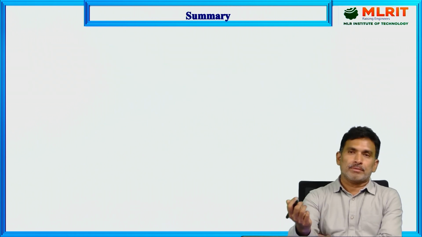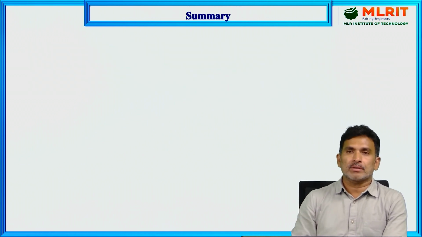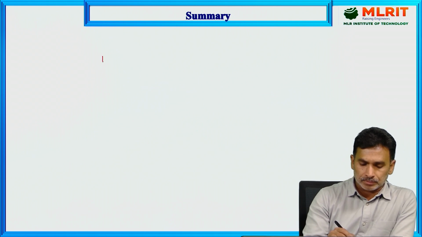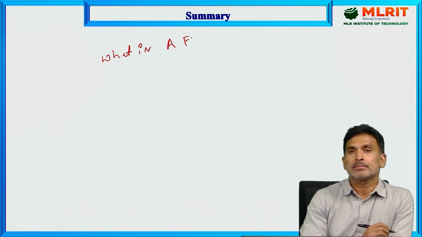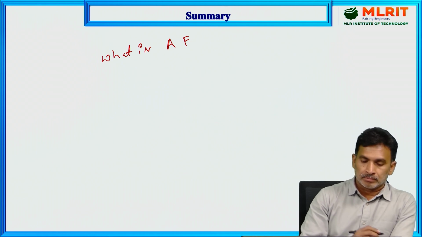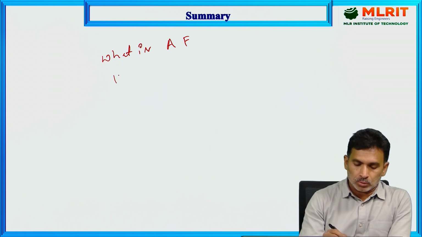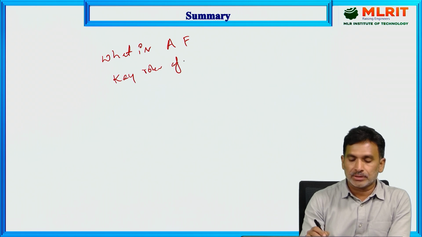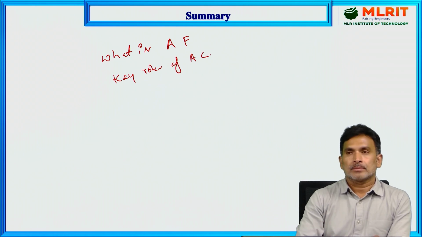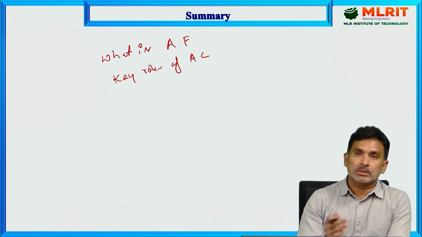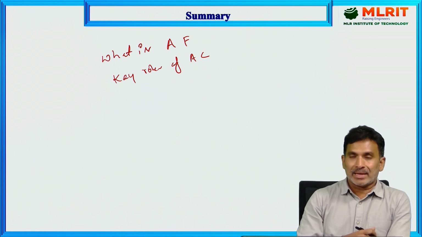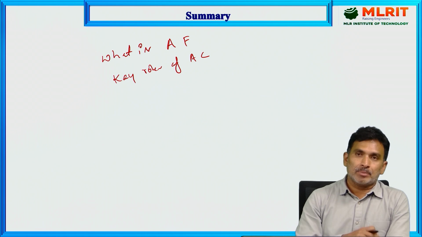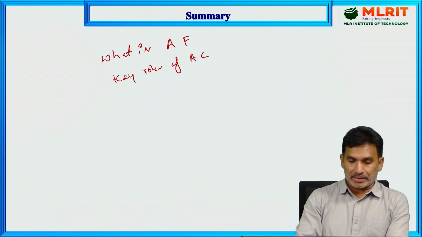So here we mainly discussed what an activation function is in a deep neural network, and what the key roles of an activation function are, that is how it controls the firing of neurons, and how it enables the deep learning model to learn complex patterns.